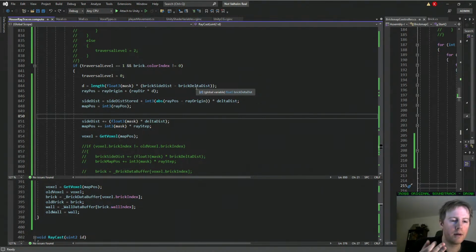But when we subtract it, that brings us down to 8.